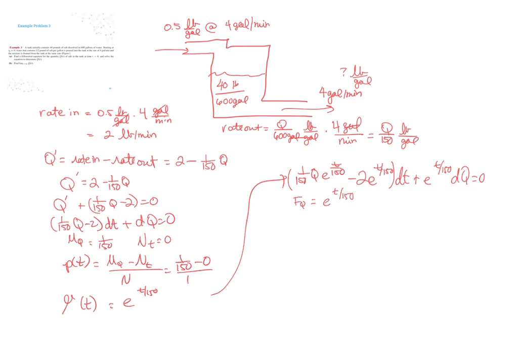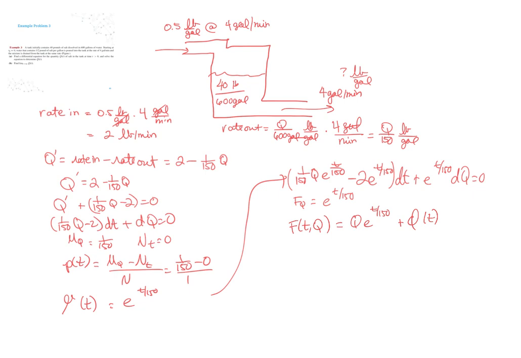which means that f of t, Q, when we integrate the partial of f with respect to Q, we end up with Q e to the t over 150 plus some phi of t that could have existed. So then we need to take the partial derivative of this with respect to the other variable, which would be t.